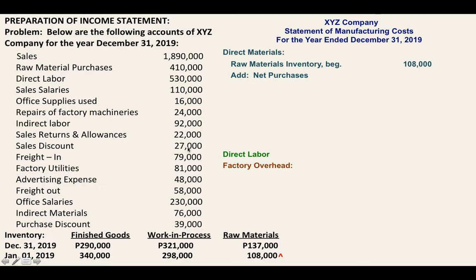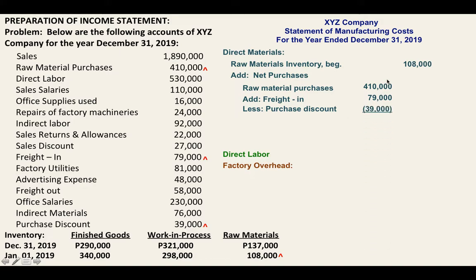And now we have to add the net purchases. So let us take a look at this. You have here raw material purchases of 410,000. We are determining net purchases, so we have a calculation here. Because there is information about freight in, we have to add freight in, and we have to deduct purchase discount.